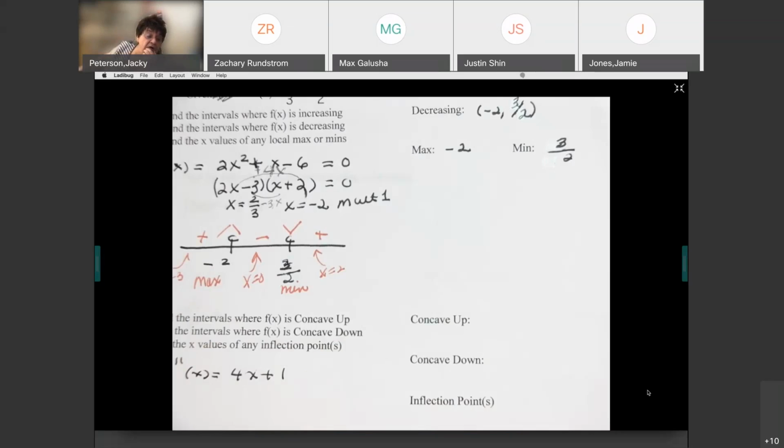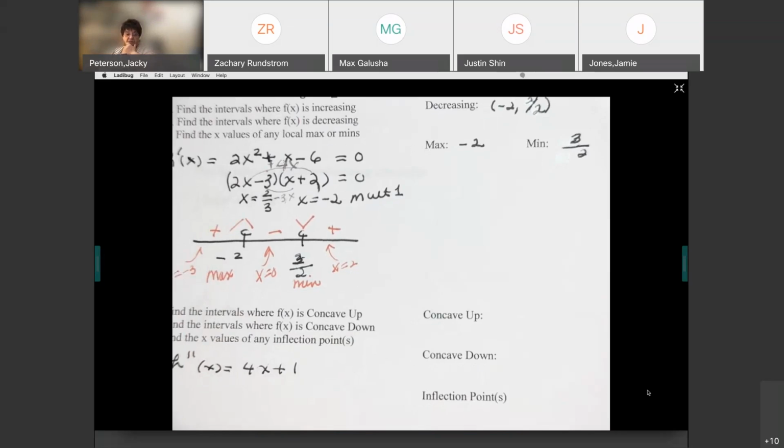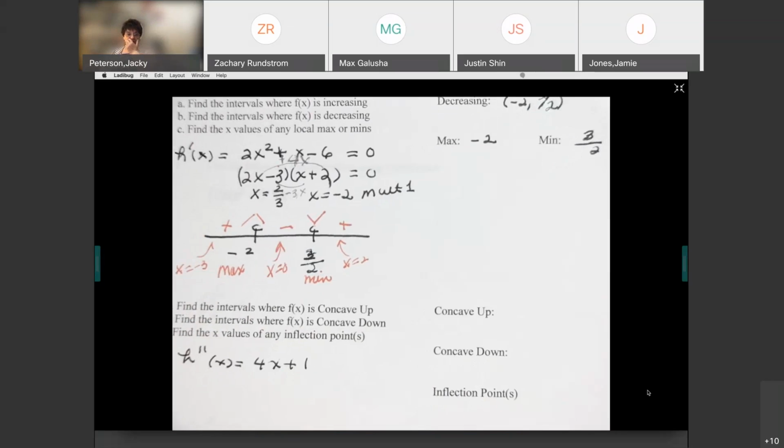H of 0, no, because it's not a max or a min. It's just telling me, or H prime of 0, it's just telling me that it's decreasing. No, not into H, you plug them into the prime.